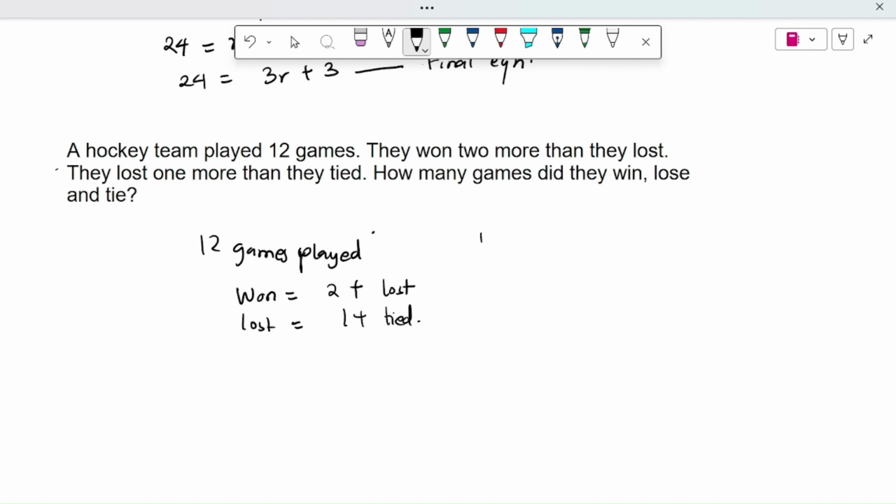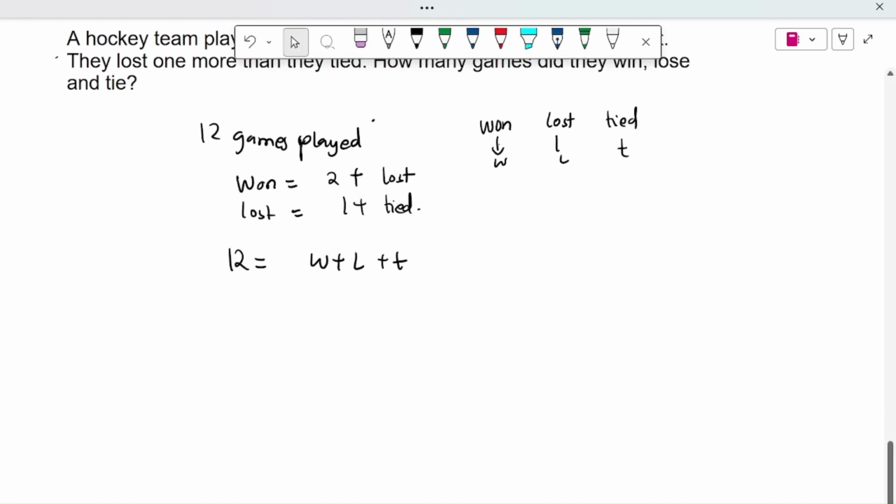So we have three variables: won, lost, and tied. Let's say this is W, this is L, this is T. So 12 is equal to W plus L plus T. We are told that W is equal to 2 plus L, and L is equal to 1 plus T. Let's set this as equation 1, this as equation 2, and this as equation 3.